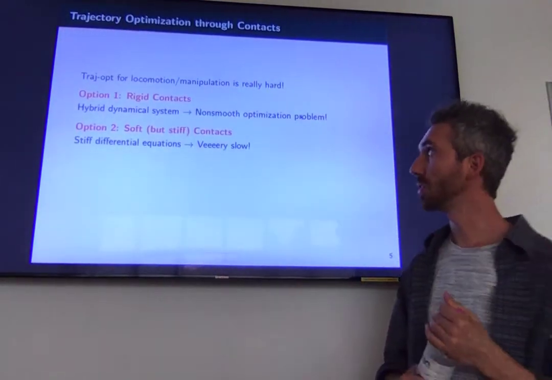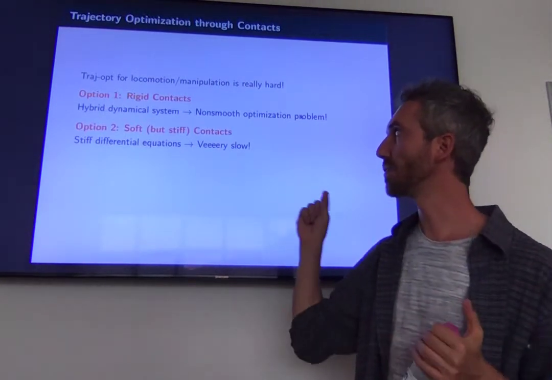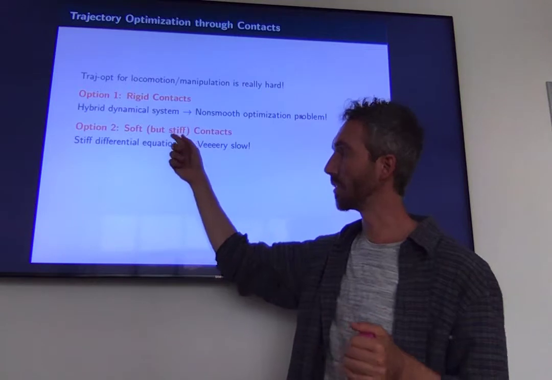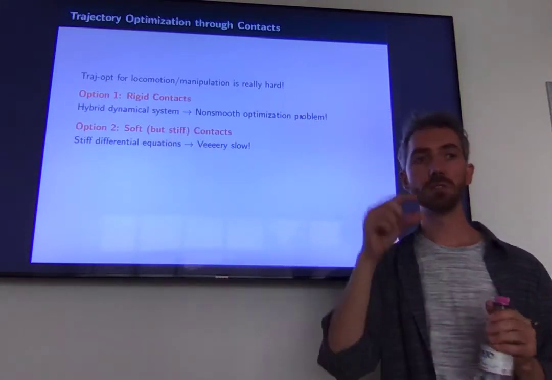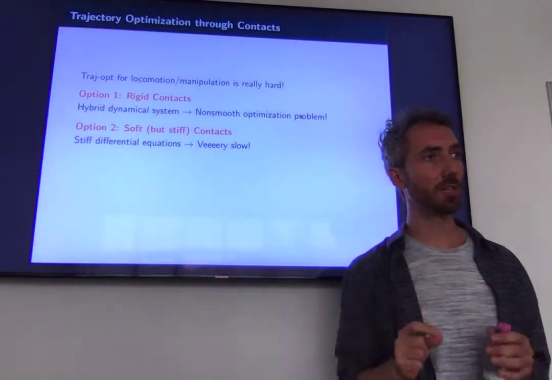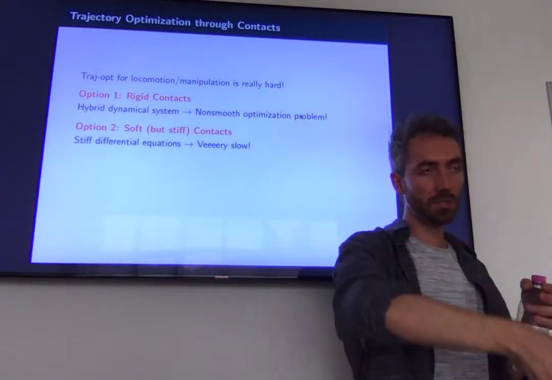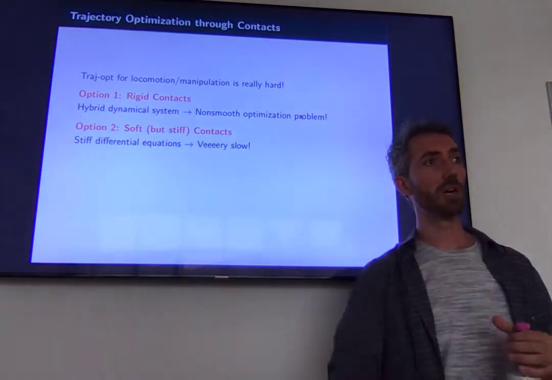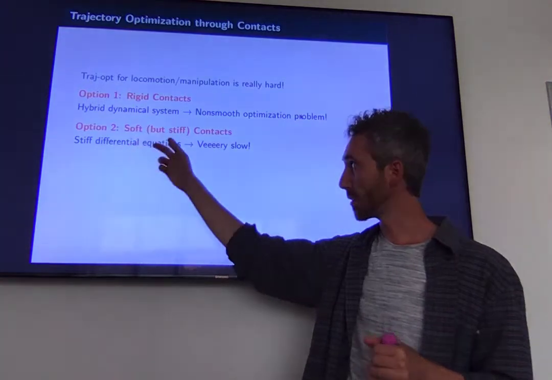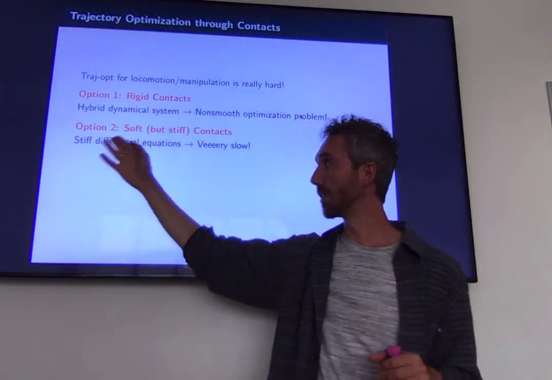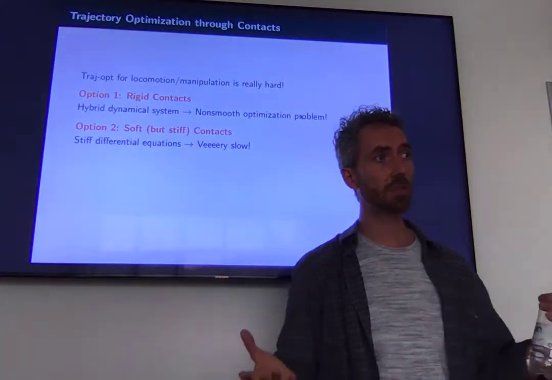The other option is to say, well, my contact has some softness, even though the stiffness of the contact is high. So I can model them as soft contact. The more I penetrate into the material, the higher the reaction force I get. You can do that, but since the contacts are stiff, you're going to get a stiff differential equation representing your dynamics.